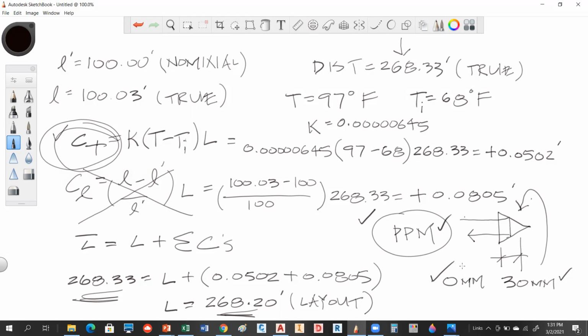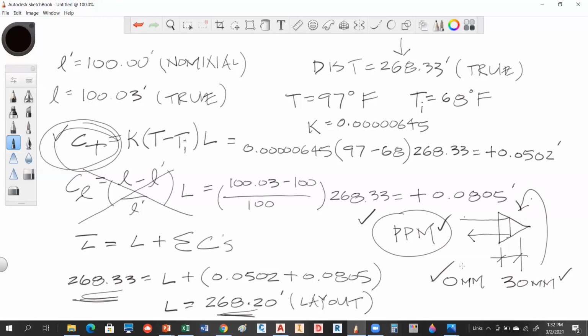Are you always getting a 30 millimeter bust, in other words? So if let's say I measure 50 feet versus 500 feet, am I still getting 30 millimeters? I think so. You are, correct.